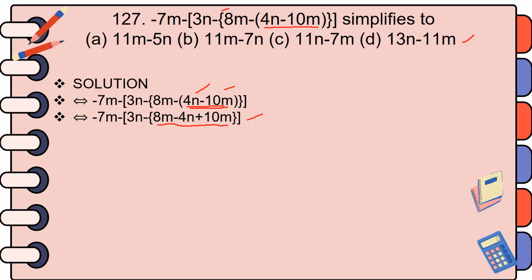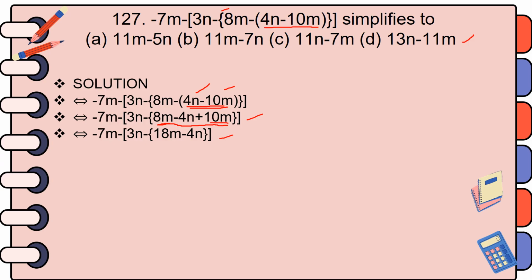We have similar terms, 8m and 10m, they can be added together, and it becomes minus 7m minus, in a bracket, 3n minus, in a brace, 18m minus 4n, because 8m plus 10m is 18m.